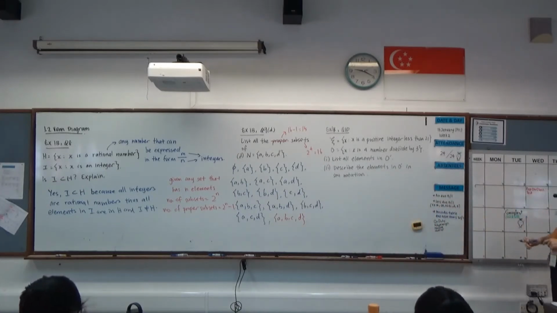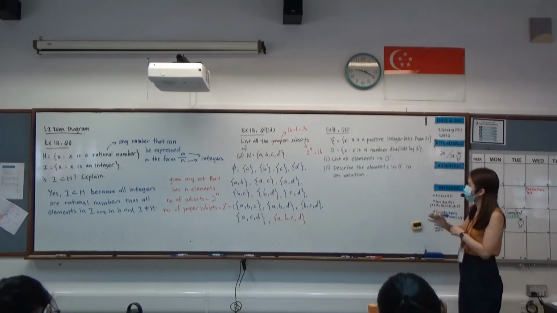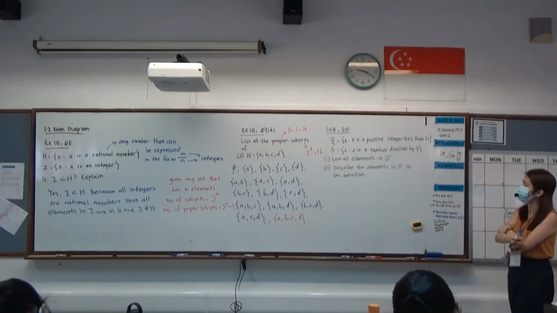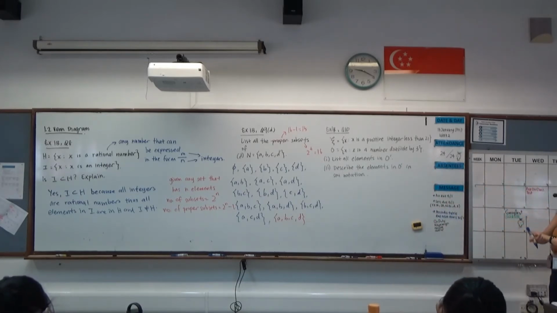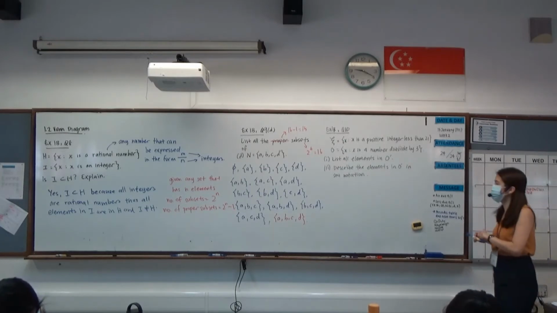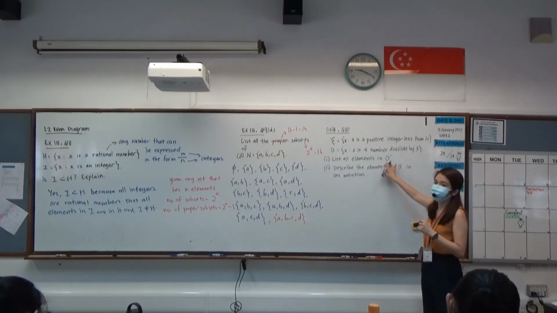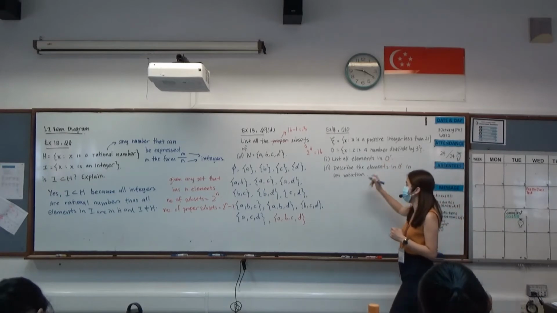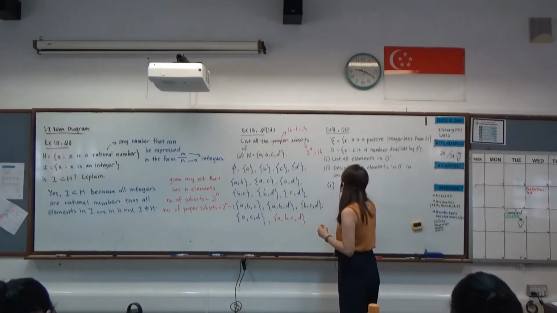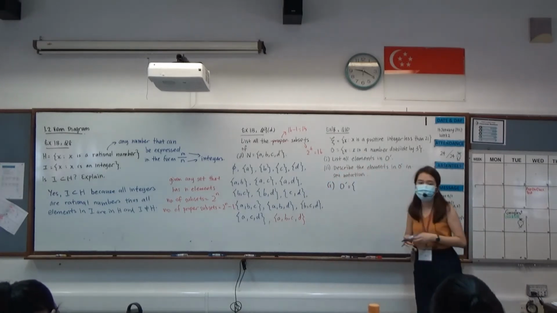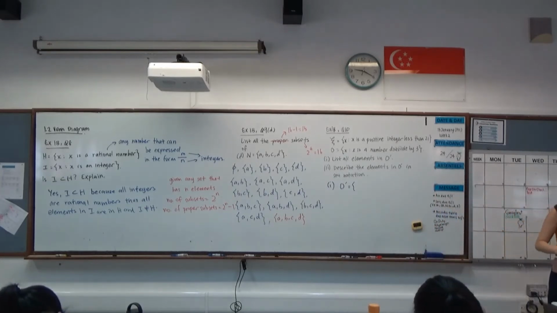We are given the universal set x to be a positive integer less than 21 and O to be a number divisible by 3. We want to list all the elements in O prime, which is O complement. So what would the elements be?